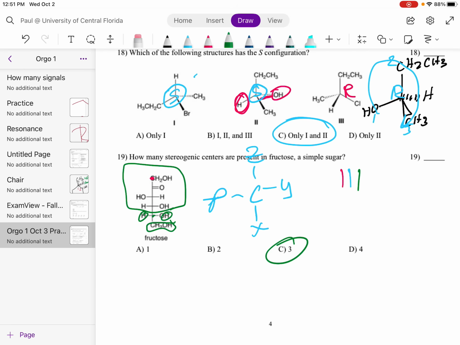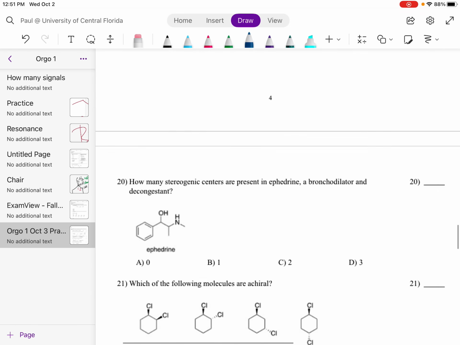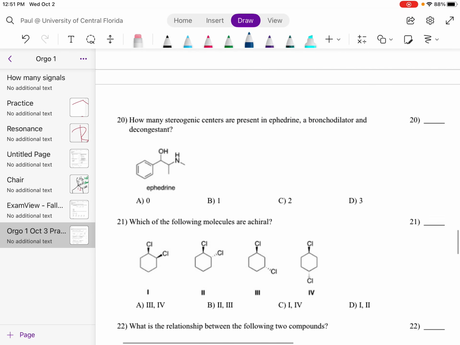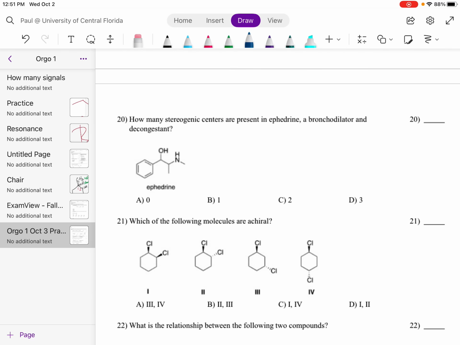So the correct answer is 3. Because if we keep going down, that carbon, well, it has 2 hydrogens, so that can't be a stereocenter. If we do that again with this guy, we will see that that's a stereocenter for 2 of them.